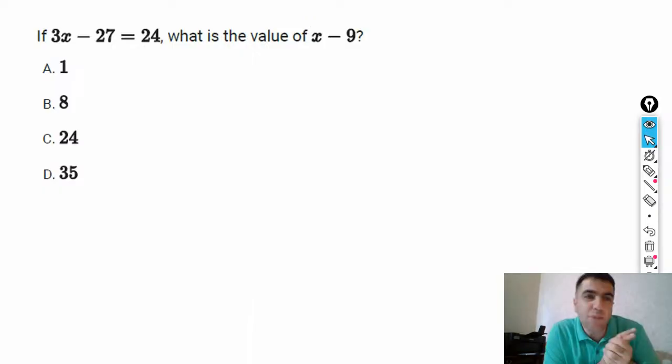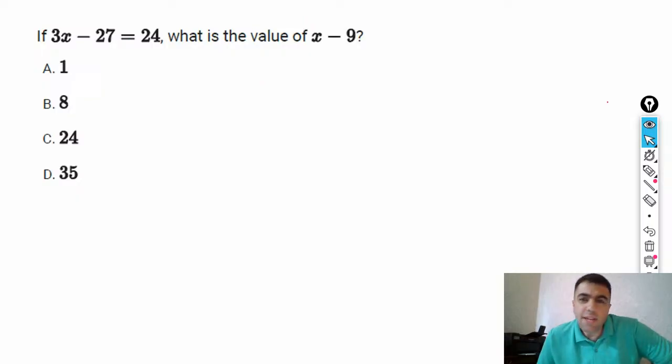If 3x minus 27 is equal to 24, what's the value of x minus 9? Mr. Sahib said answer B. And what about Turan? What about Seljan? What are you doing, guys? Couldn't you solve this equation? Right. Turan and Seljan said also B.